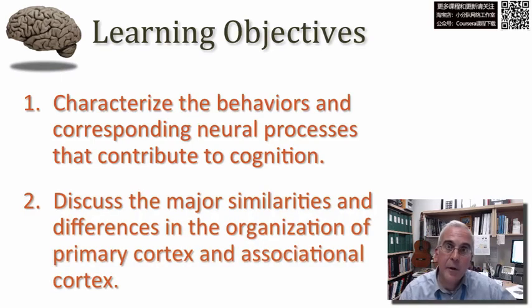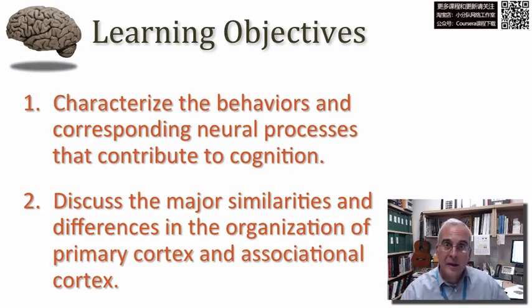And secondly, I want you to be able to discuss the major similarities and the major differences in the organization of what we will call primary cortex, that is primary sensory, primary motor cortex, and the associational cortex.